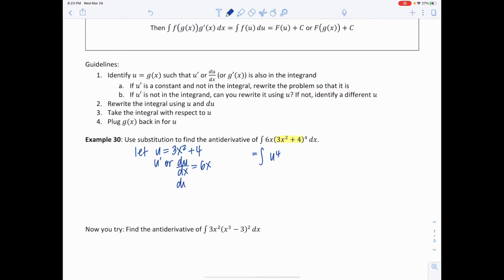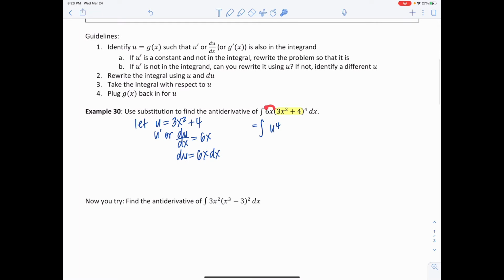So I'm going to say du equals 6x dx. So this is du. Okay, so I now know how to take the integral of u to the 4th. I would add 1 to the exponent and divide by the new exponent. And this should be plus c because it's an indefinite integral.